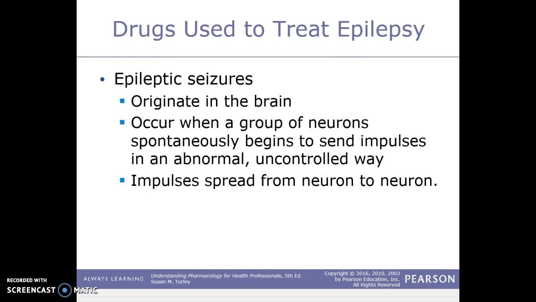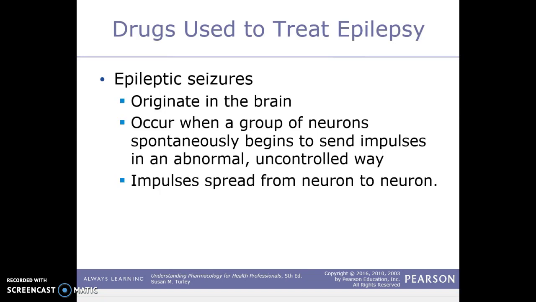An epileptic seizure is specifically when a group of neurons spontaneously begin to send impulses in an abnormal, uncontrolled way. That's pretty general, but that's kind of where we're at with epilepsy. We just don't know a whole lot about it, but we do know how to stop it. So what we want to look at is what we are going to do to treat epilepsy.